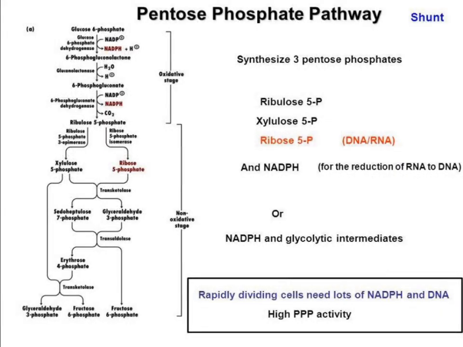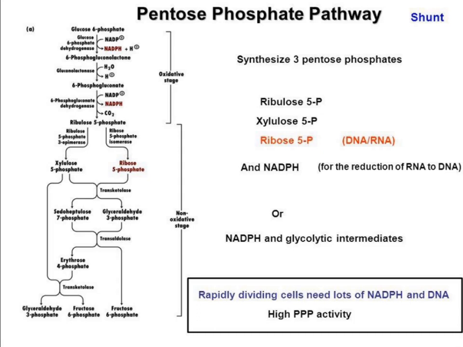In this slide, if you see here, the pentose phosphate pathway starts with glucose 6-phosphate, which gives rise to 6-phosphogluconate, which is again converted into ribulose 5-phosphate. So these stages belong to the oxidative stage.